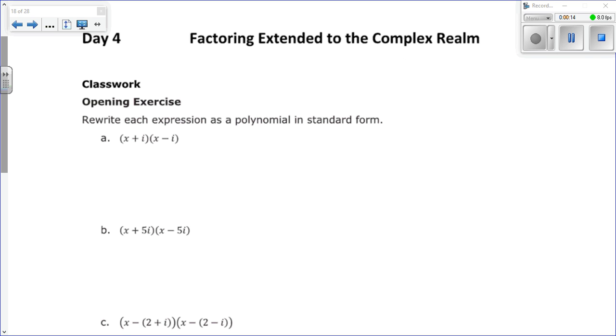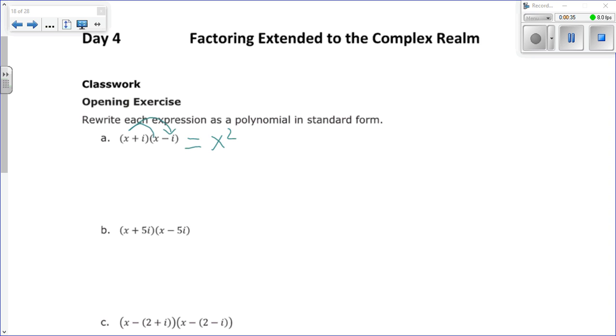So we are going to rewrite each expression as a polynomial in standard form, which means we're going to multiply. For some of you, the box method may be what you choose to do, and that is fine. In this first one, I will have x times x, which is x squared.